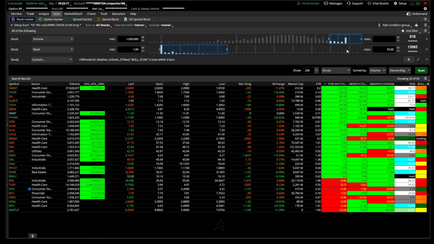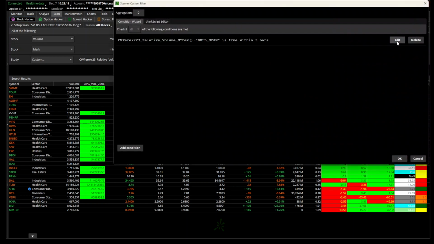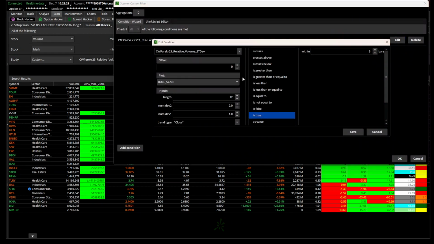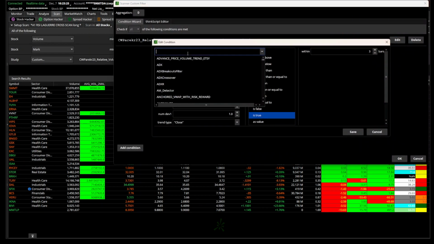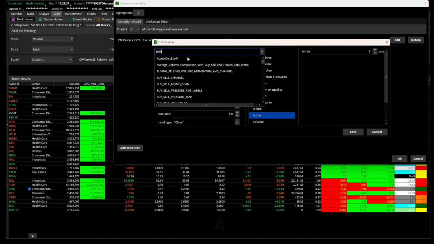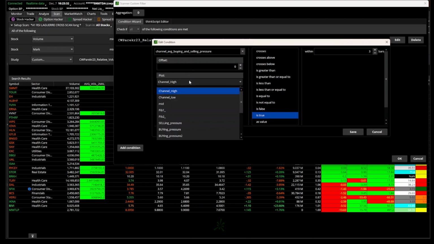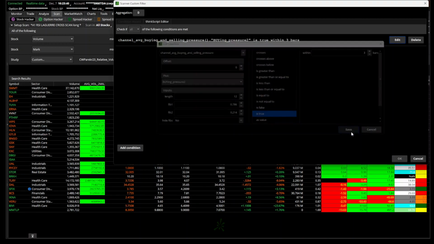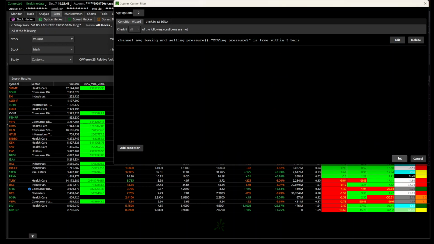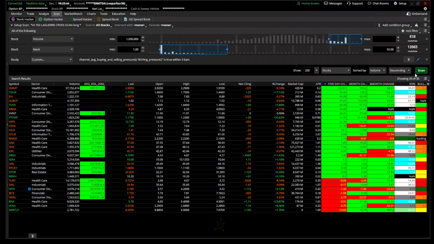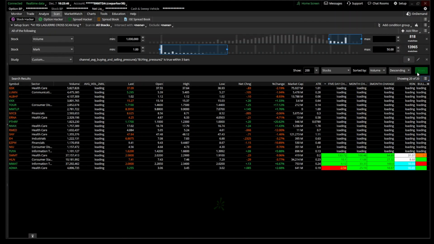So we'll go to the scan, we'll go to that indicator. And there's a channel, and let's look for, what do we want to look for? We want to look for anything with buying pressure above 2 deviations within 3 bars. So let's scan for it.